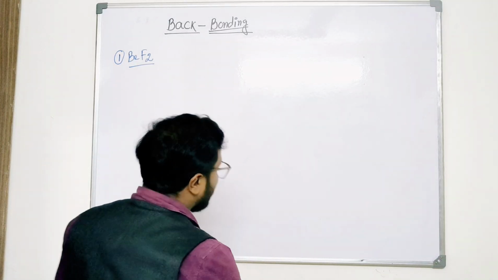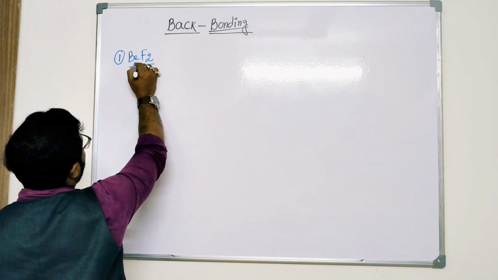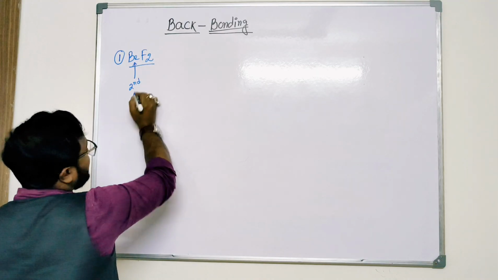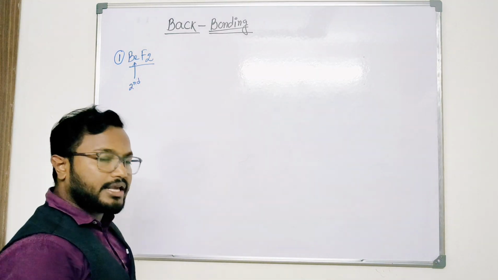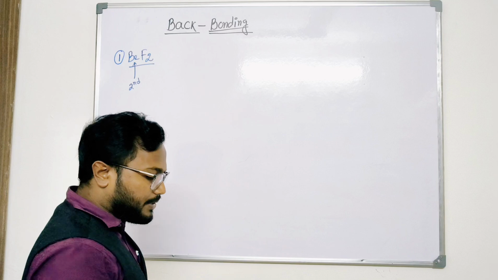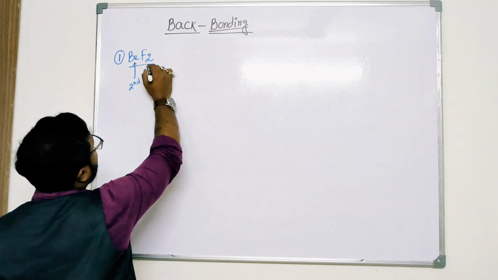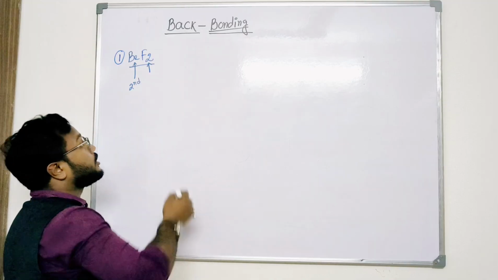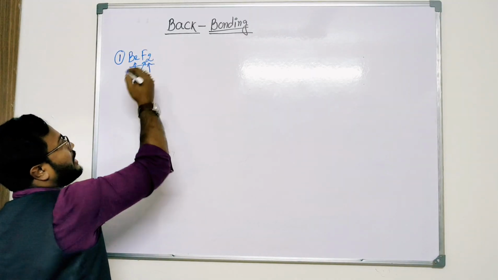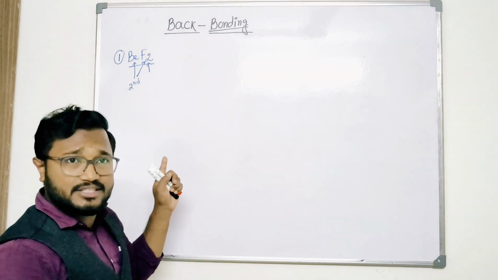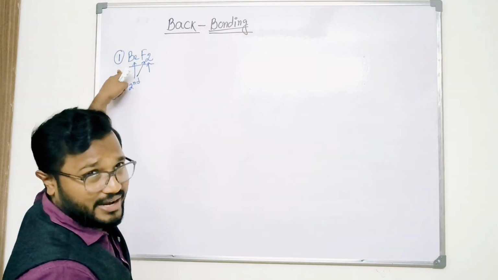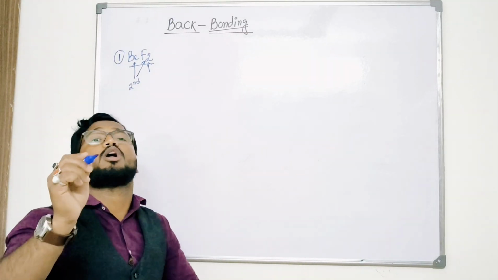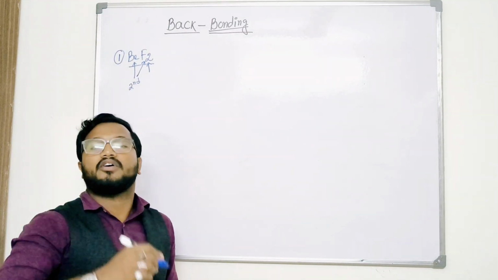Let's check. In case of Be, beryllium, we know that it is a second period element. Fluorine is also a second period element. So both are second period elements. Does fluorine have a lone pair? Does Be have a vacant orbital? Yes, Be is not filled and it has a vacancy of electrons.